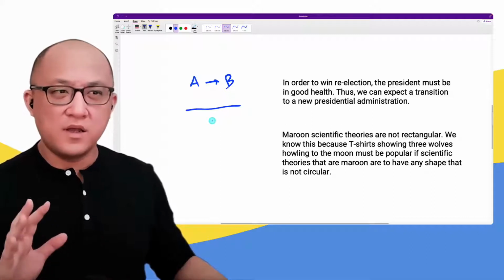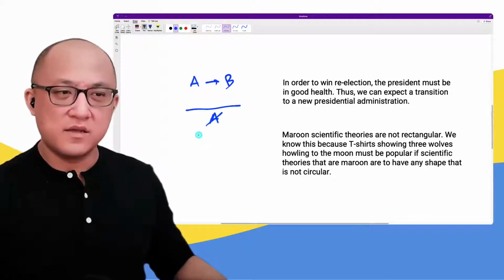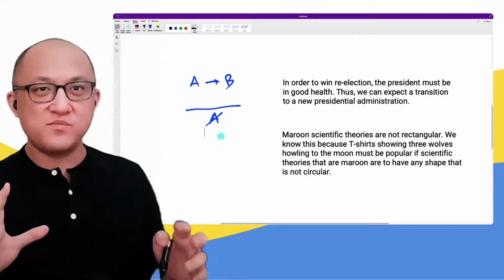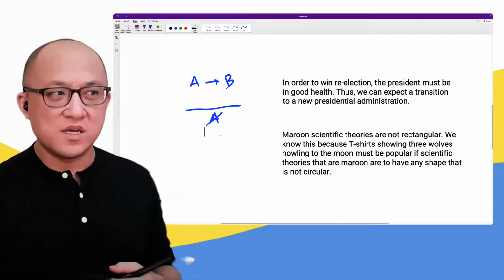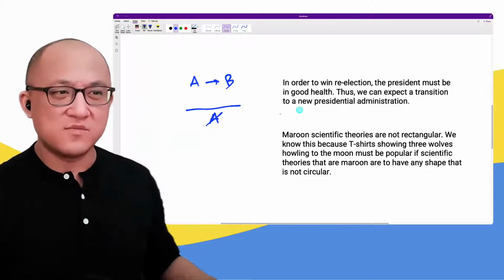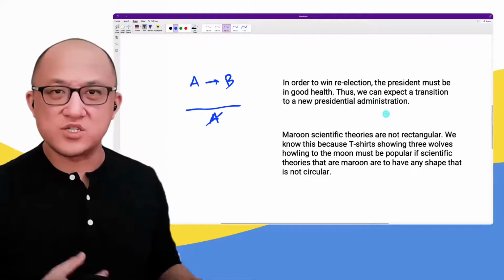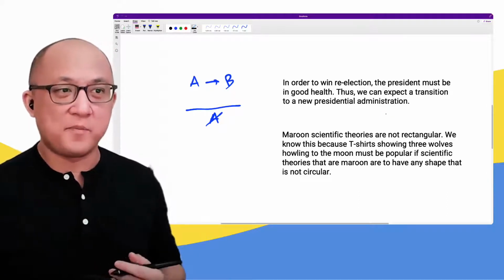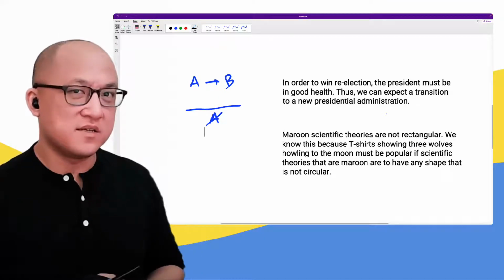I'm going to translate that as not A, but do you see how if you were being really particular about the precise wording and maybe didn't recognize the structure of the argument, you might not realize that expecting a transition to a new presidential administration is the same thing as not being reelected. Does that make sense?